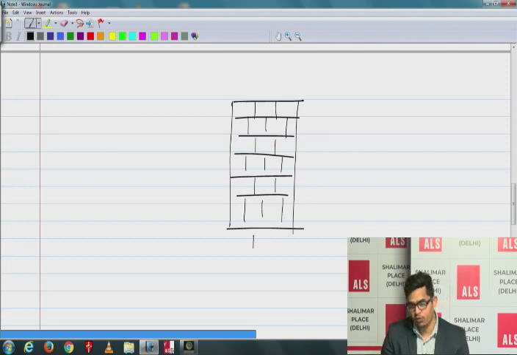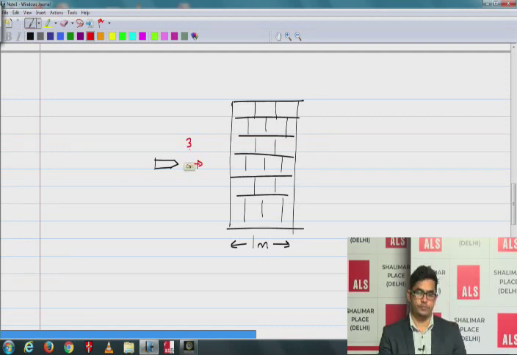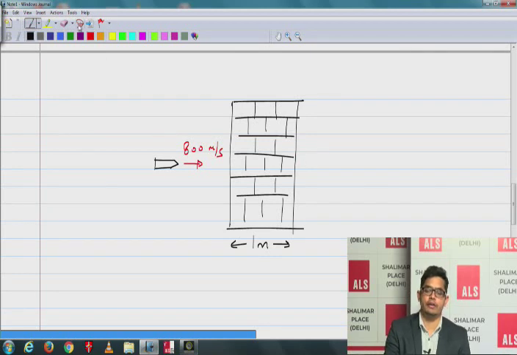The thickness of this wall is 1 meter, and there is a bullet which was moving with a speed of 800 meter per second, and when it leaves the brick wall, it gets embedded and it leaves with a reduced speed.